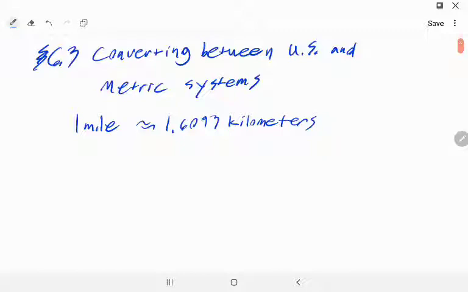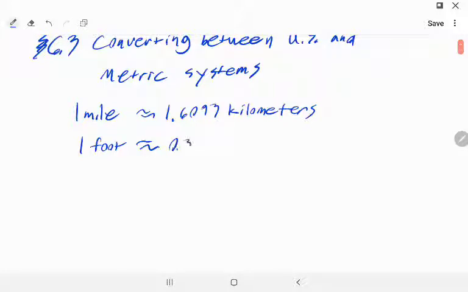We know that 1 foot is approximately 0.3048 meters. And interestingly, 1 inch is exactly 2.54 centimeters. So turns out that inches and centimeters have an exact conversion.